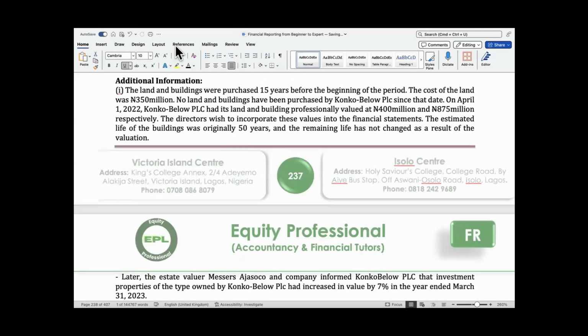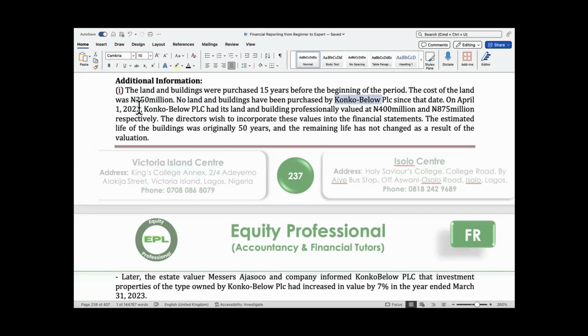First additional information here says that the land and buildings were purchased 15 years before the beginning of the period. The cost of the land was 350 million. No land and building have been purchased by Nkumbilo since that date.